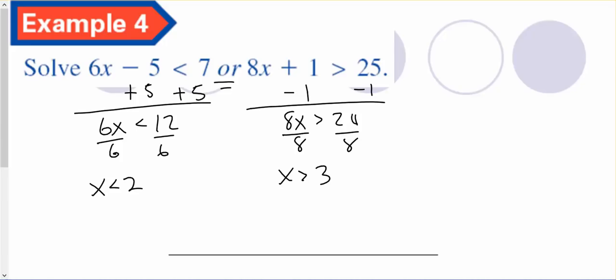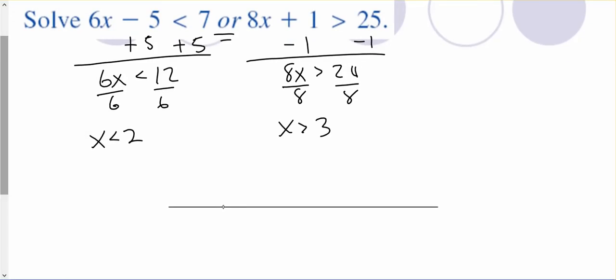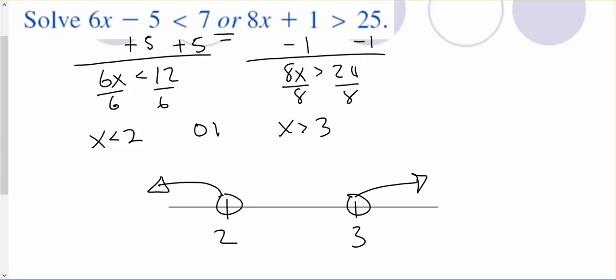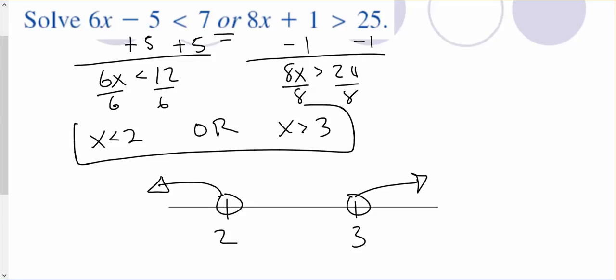So here we've got, our numbers are 2 and 3. We are less than 2. Open circle going to the left. We are greater than 3, open circle going to the right. So this is an OR statement, so I write the word OR in between.